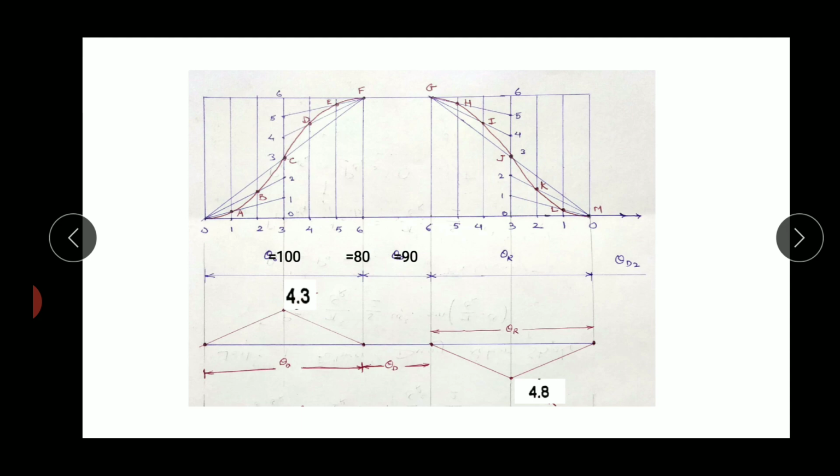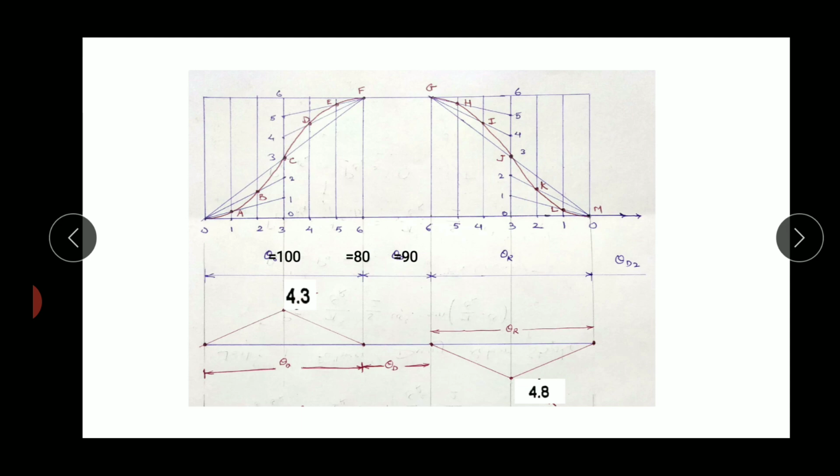Similarly, during the first half of the return stroke, the line representing the velocity has a negative slope. If its slope is negative, that means at the start of the return stroke the acceleration is negative, or it is retardation or deceleration. During the next half of the return stroke, the slope of this velocity diagram is positive.